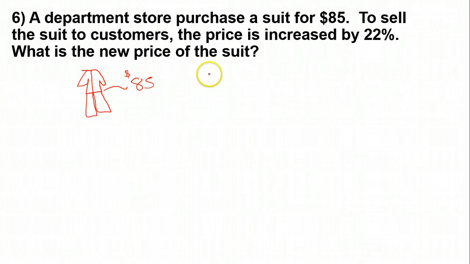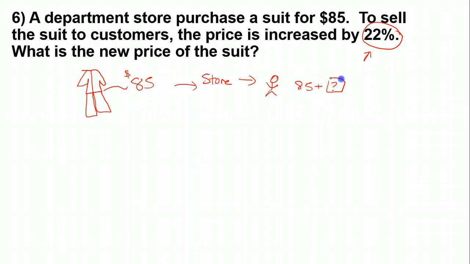The store is not just going to sell you that suit for $85. They wouldn't make a profit. They're going to increase it not by an amount, but a percentage, right? They're going to charge you the $85 plus something else, which would be the total new price of the suit.